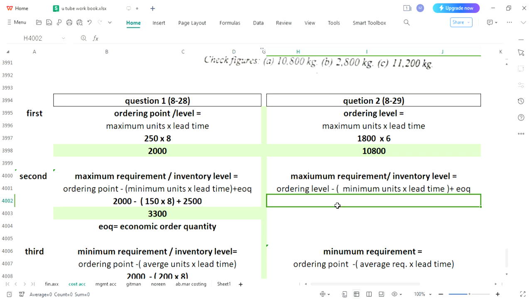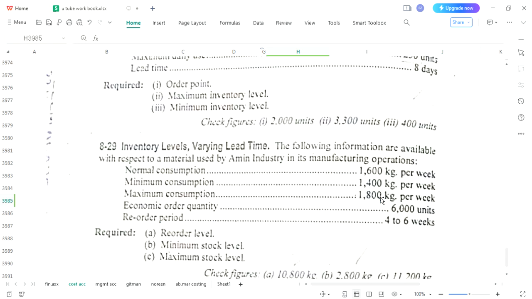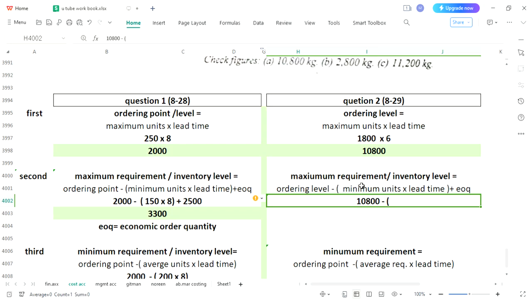We are open to put first factor 10,800, sign of minus, bracket open. Then we need minimum units. Go back to the question and you will see where are minimum consumption units. 1400, we have got it. So just posting 1400 in place of minimum requirement.